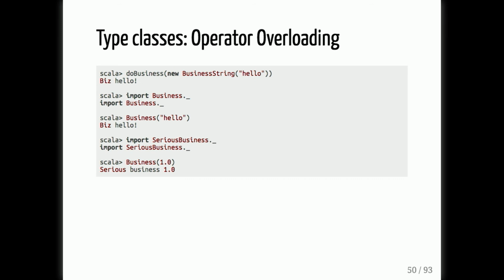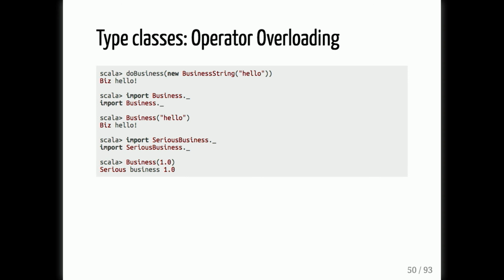So using the inheritance method of overloading, you can call it that way, or you can use this nice type inference from business, which can see that hello is a string, so it pulls out the string instance of the business type class and then prints that out.